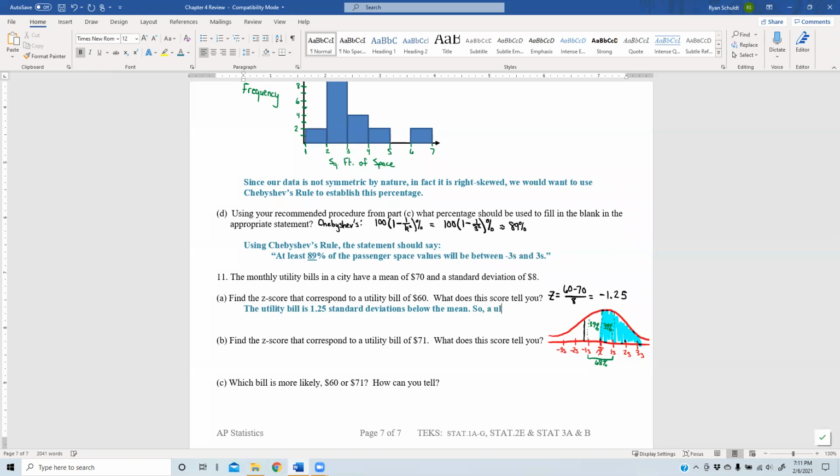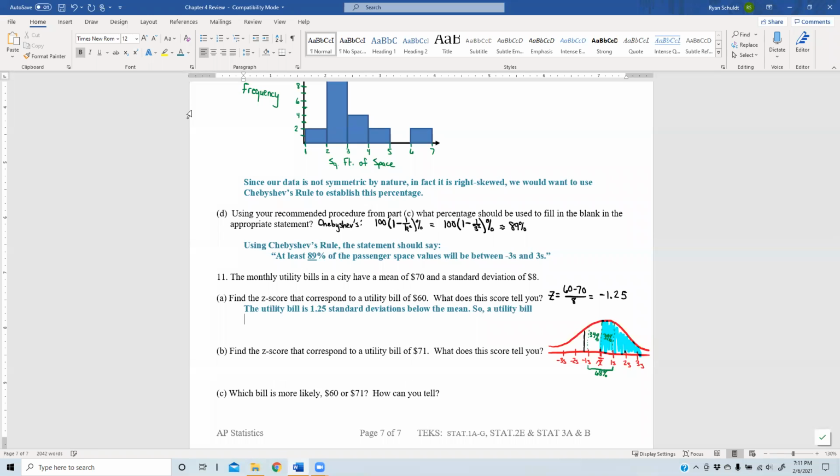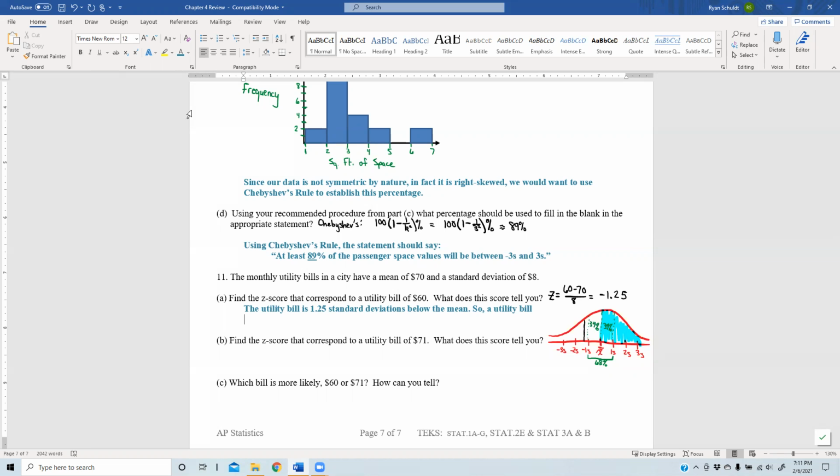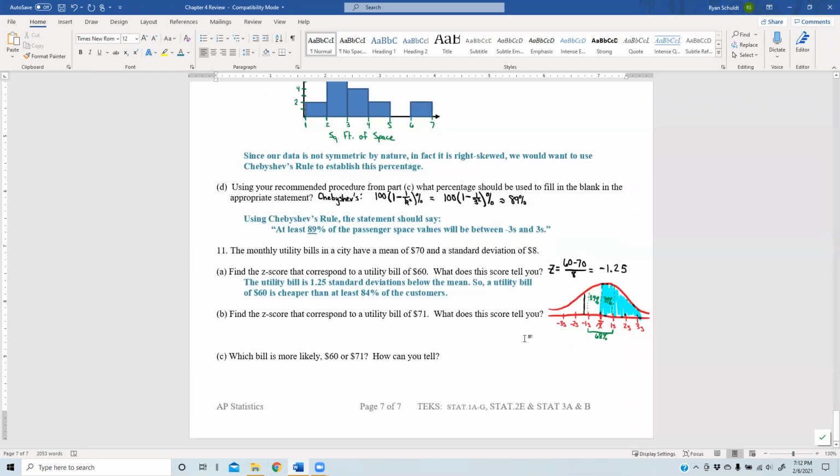So a utility bill of $60 is cheaper than at least 84% of the customers. Okay.